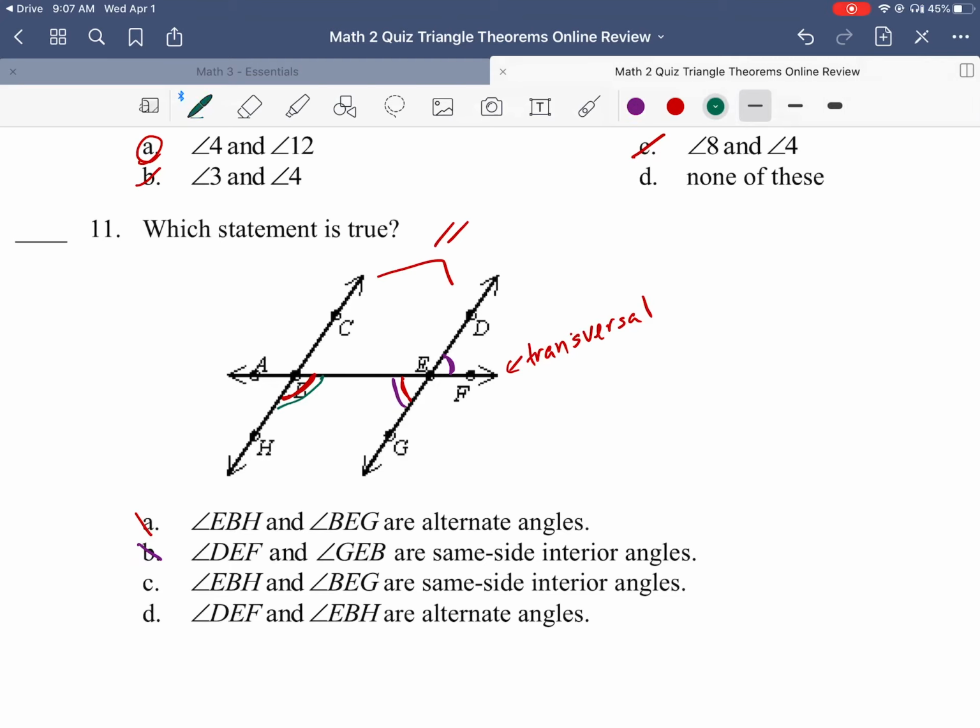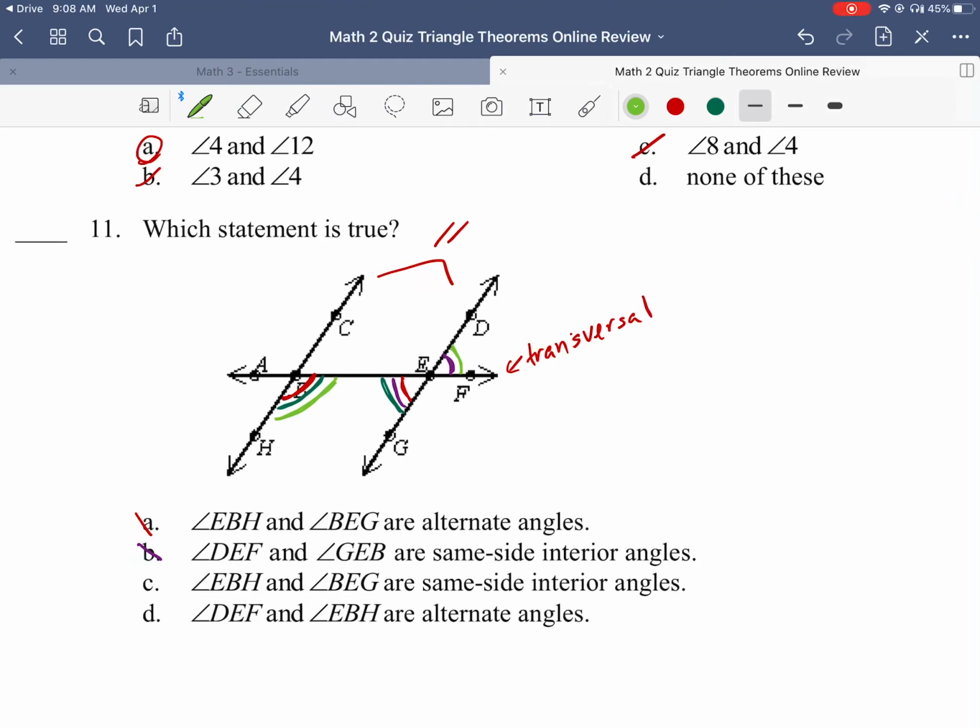EBH, so this angle again, and BEG, this one again, are same side interior, so they're on the same side of the transversal, and they're both inside the parallel lines. That's probably my answer, but just to make sure, DEF is this one, and EBH, back to this one, are alternate interior, or alternate angles.